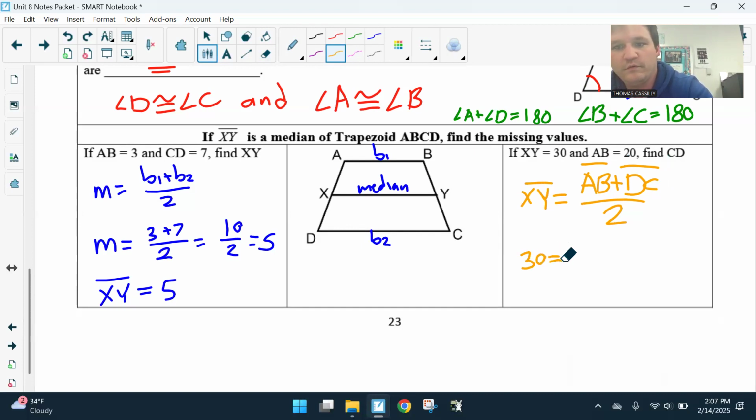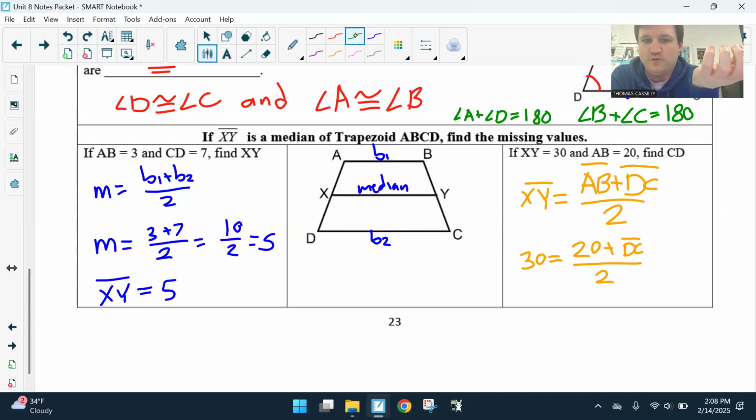30 equals, we know AB is 20. So we have 20 plus segment DC, and we want to divide this by 2. All right, now, slightly different because we know the median and we are trying to find another base. And the problem with this is we have that divided by 2 going on there. So 20 plus DC, that whole thing is getting divided by 2.